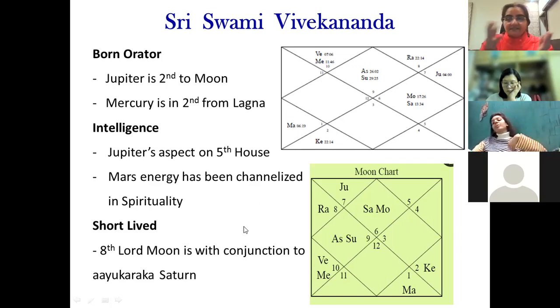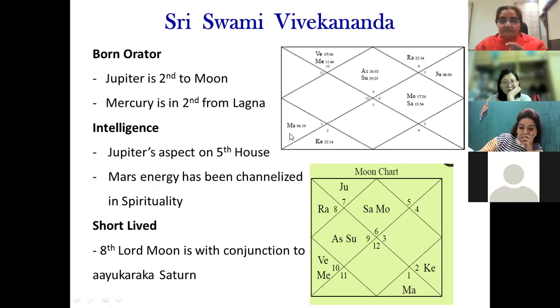Otherwise, you can say Mars is a malefic or negative planet, though it is in its own house so powerful, and it is a trine lord also. Mars and Jupiter, they are trine lords. Even the Sun is a trine lord. So in that way, all the trine lords are in trines, or Jupiter is aspecting its own fifth house. So that's a good thing. Now Jupiter's aspect on Mars has channelized its power in spirituality.